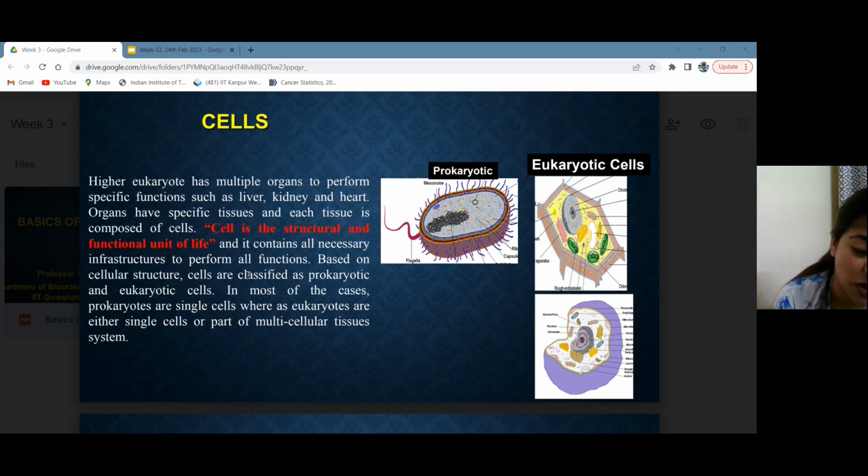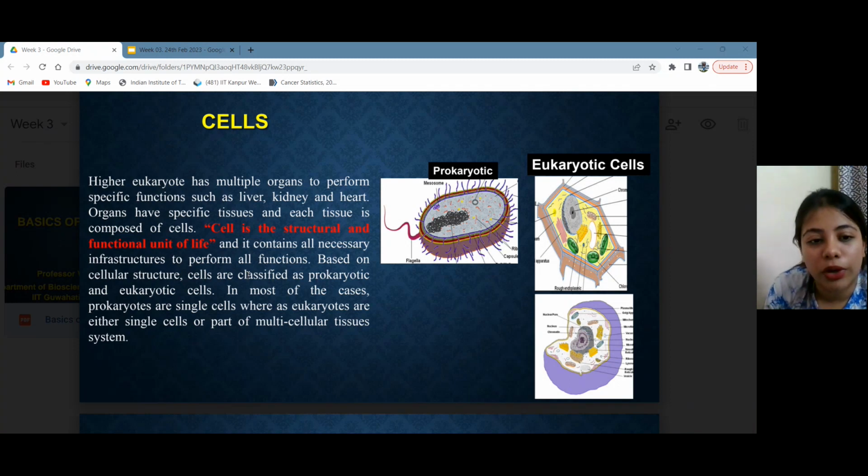As I just mentioned, these organisms are fundamentally made up of one type of cell or a group of cells. So the individual function performed by each cell is actually helping the entire organism survive as a whole. So cells are considered the structural and the functional unit of life. That is the most commonly used and most relevant definition of what a cell is.